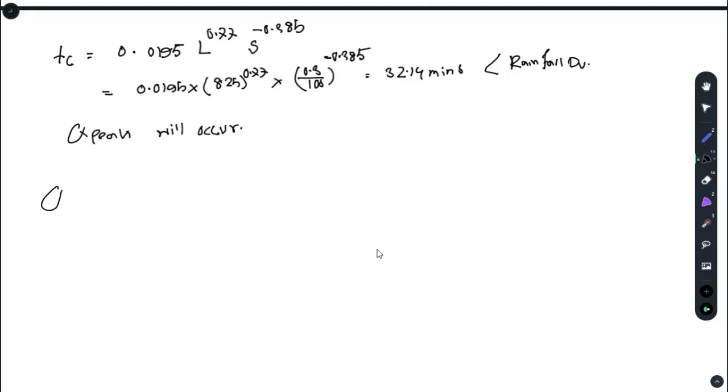So how do you find Q peak? For that, we have a formula that is 0.278 CIA.